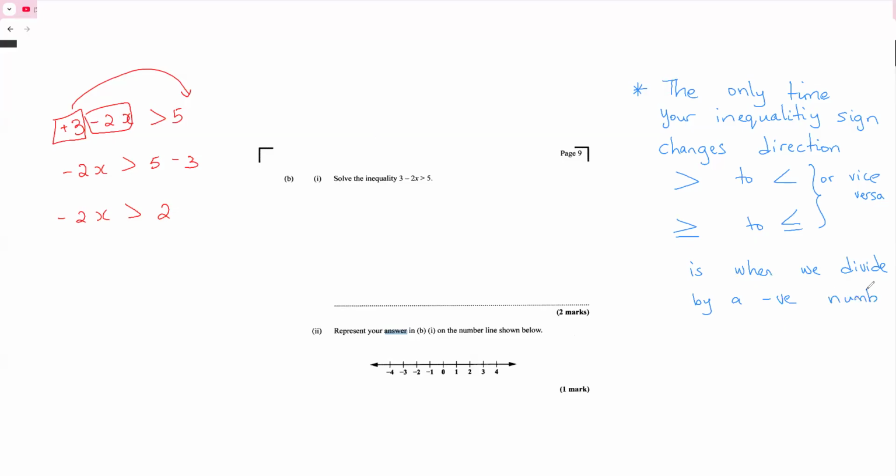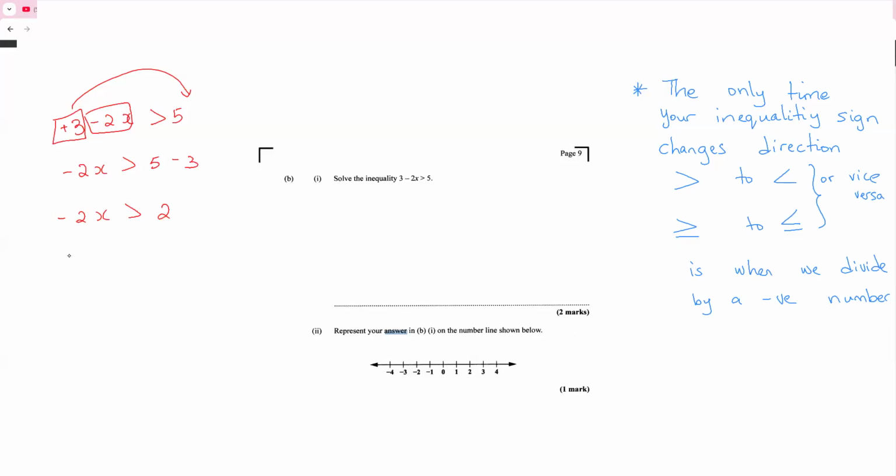Right? So that's the only time your inequality sign will flip to the opposite direction. It will not flip unless you divide by a negative number.